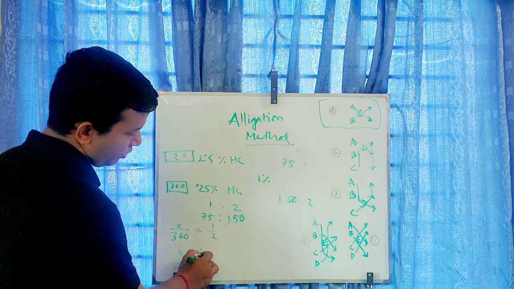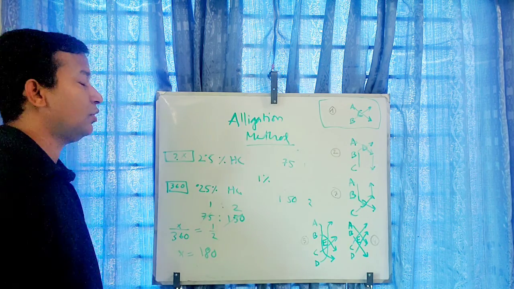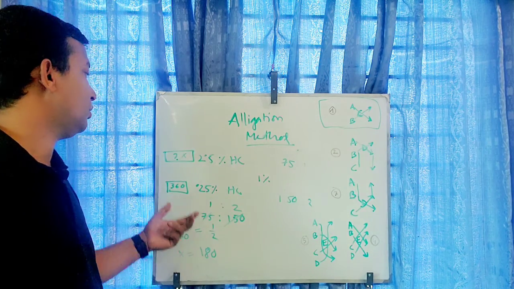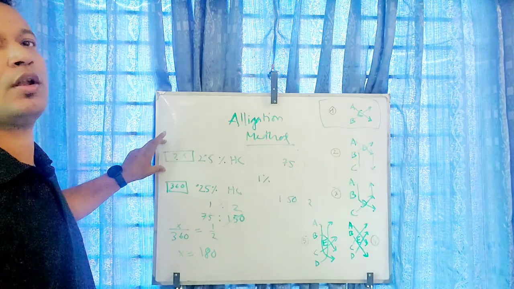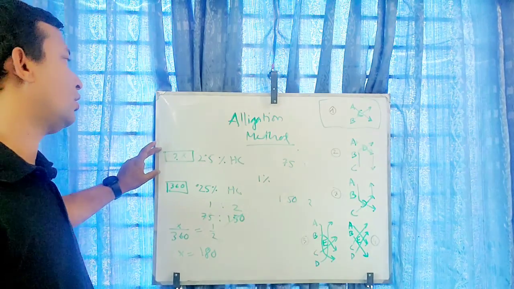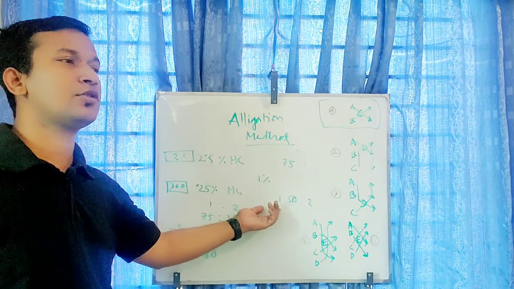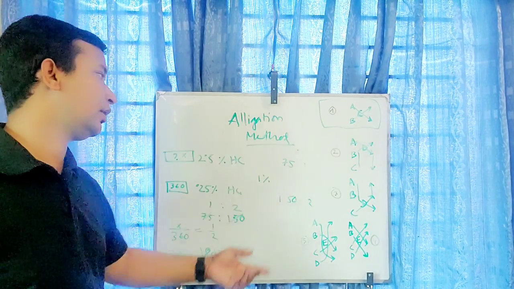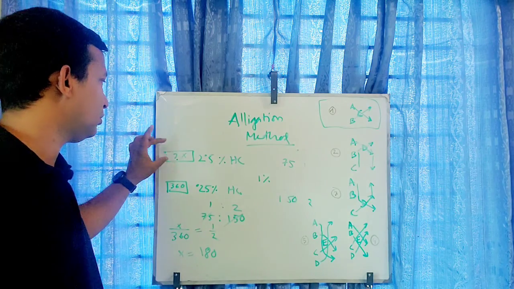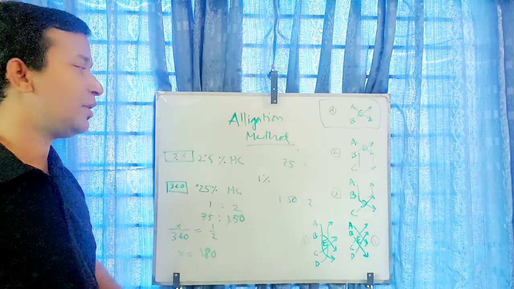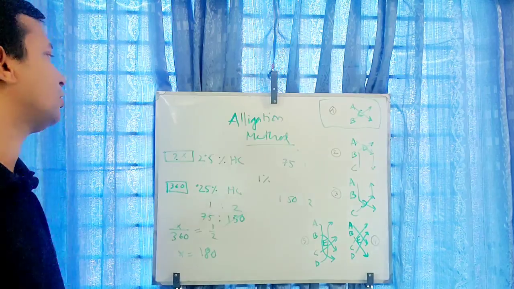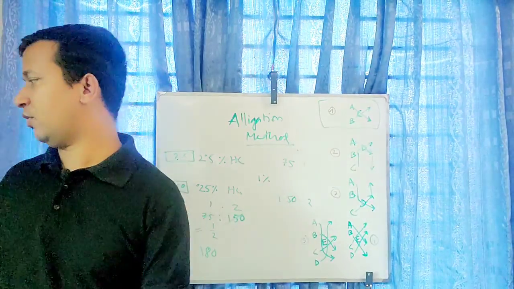Yes, x equals 180. So now we are doing the ratio just to calculate the content of one item, since we haven't been given any concentration or amount of the final thing. So we are doing the math in a different way, but the basic thing is this one, alligation alternate, is the same everywhere.